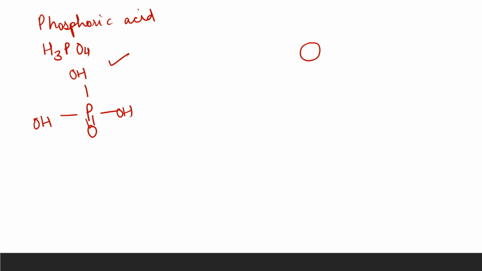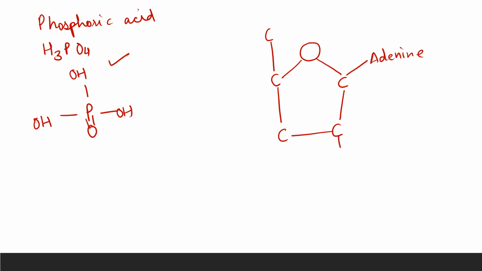So I'm making a structure again here. Now this is the C5, right? So we have attached adenine here, and here we have only H, and here we have OH, right? So here it is CH2OH, right? Now this phosphate group we are going to add at C5, right? So we need to add this whole group on C5.